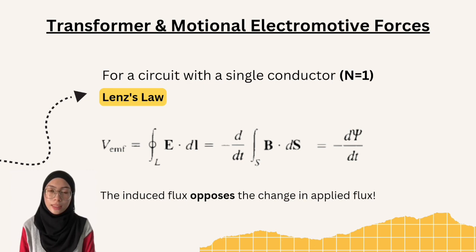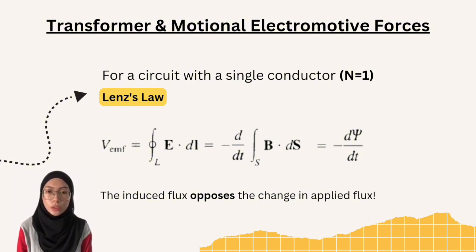So now let's discuss the transformer and motional electromotive forces. This is about the connection between electromotive force and electric field. Through Faraday's law, we can explore the relation between electric and magnetic field. For a circuit with a single conductor, which is N equal to 1, the induced voltage is equal to the rate of change of magnetic flux through the circuit.